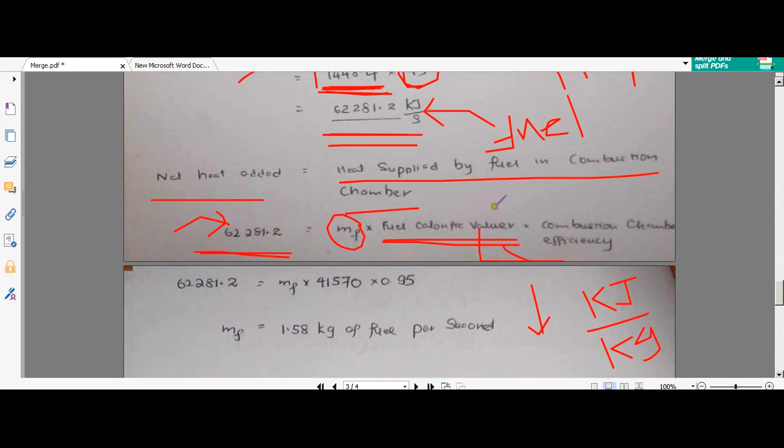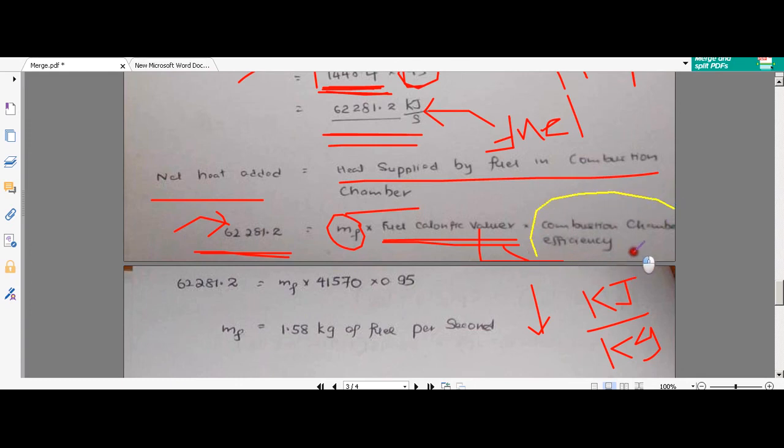Sometimes in order to get your work done, you need to give something more than that. So like that, if you burn 100 amount of fuel, it will not give 100% of energy from that. So there would be some loss, right? Because nothing in real life is perfect. So for that you have to consider the combustion chamber efficiency.